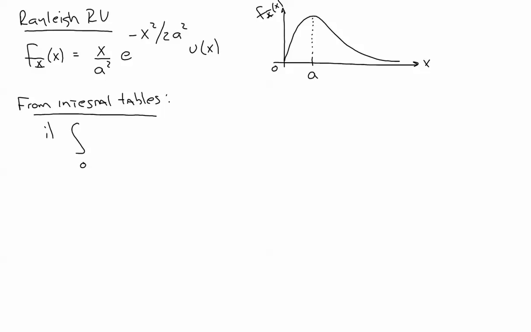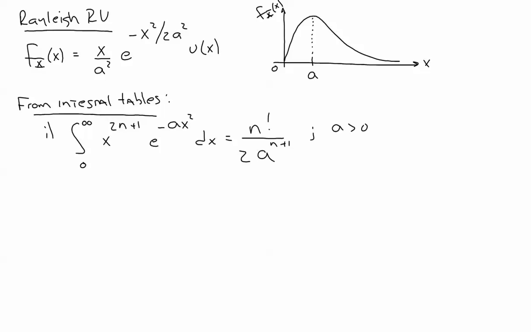Integral from 0 to infinity of x raised to the 2n plus 1 power times e to the minus ax squared dx equals n factorial divided by 2 times a to the n plus 1 power. And this is valid for a greater than 0.